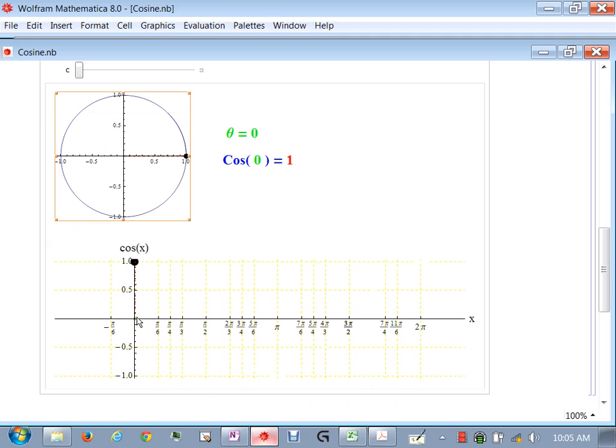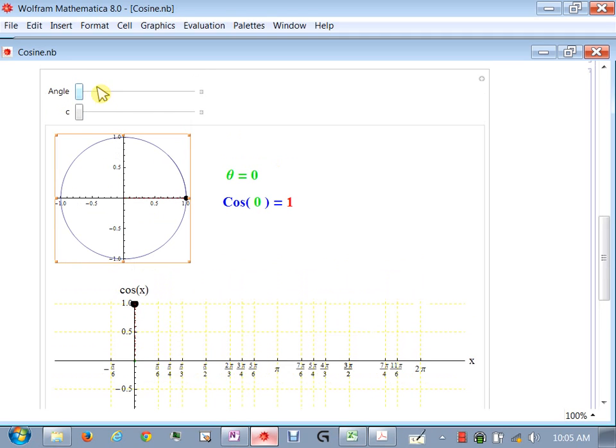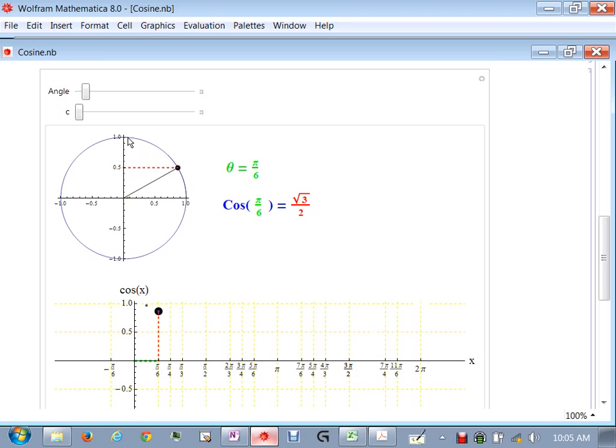So look at my graph. At 0, I'm up here at 1. And as I move around, what happens to my x-coordinate? It's going to get smaller and smaller, right? Until I get straight up and down. When I'm straight up and down, what's my x-coordinate? 0. So watch my dots go around here and see how it matches up there.